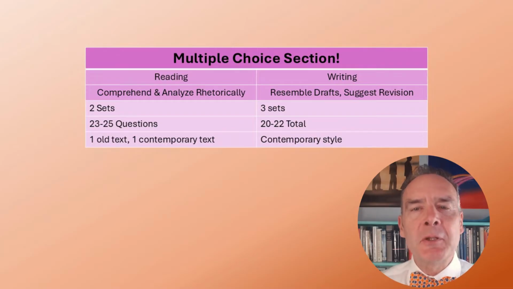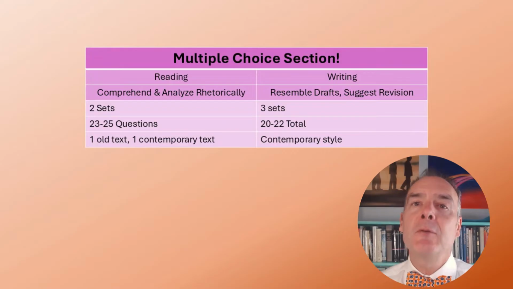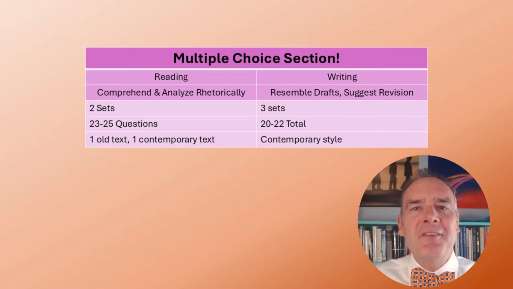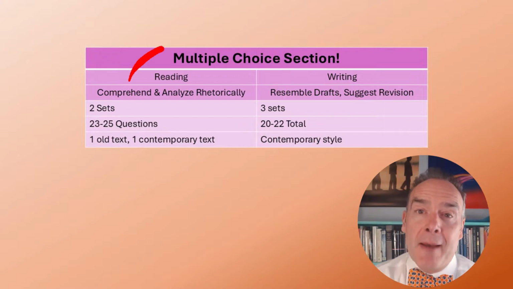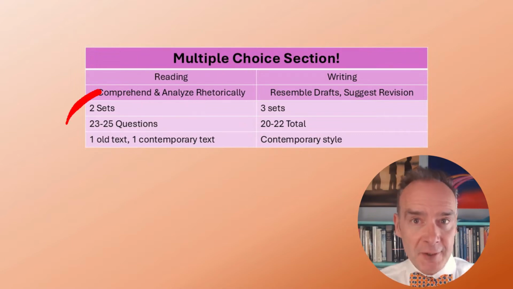Now, all of this might seem a little intimidating, but you can get through the multiple choice section safely by following a few strategies. You've basically got 2 tasks: one, you have to read the passage, and two, you have to answer the questions. When you read the passage, you should do so actively, with attention to the overall organization of the passage, style, and rhetorical choices.